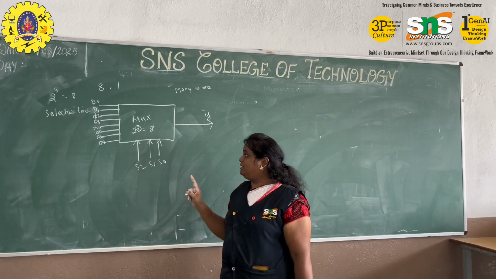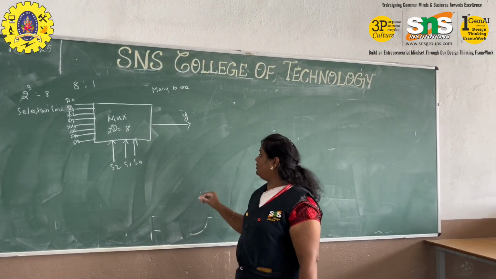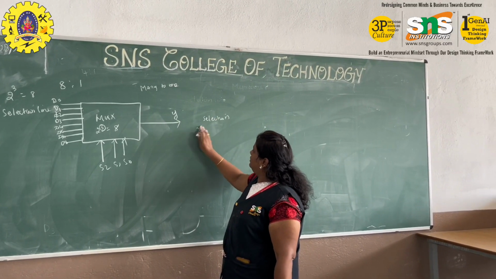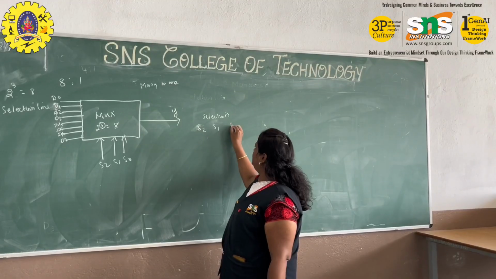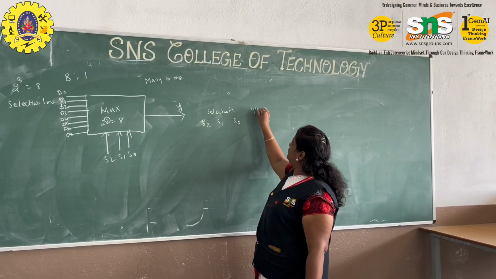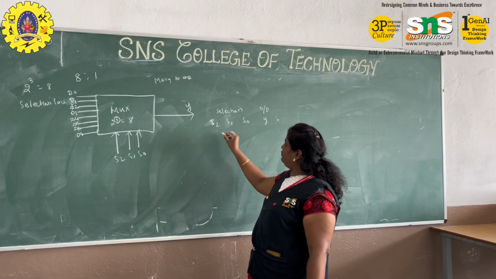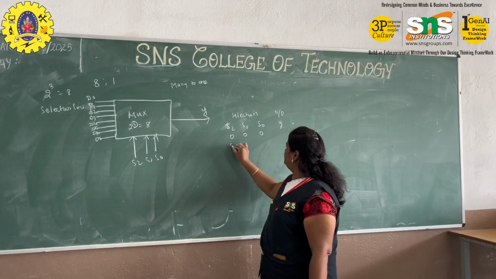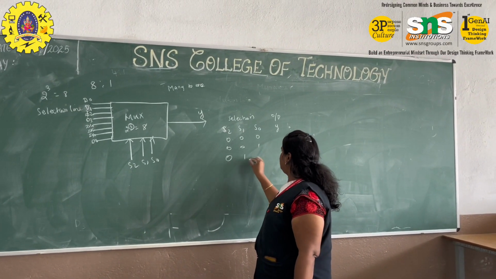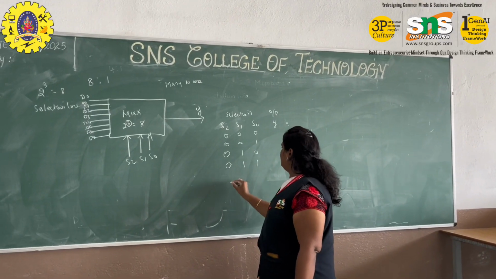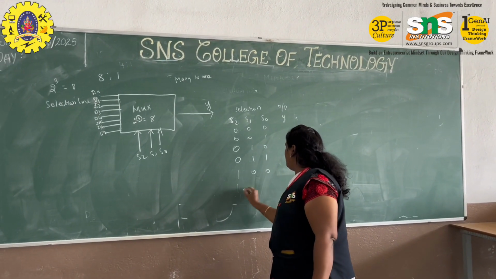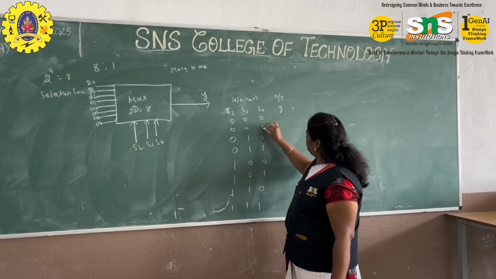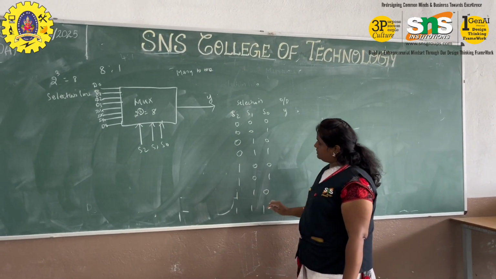I will explain the truth table column alone. The selection lines will be S2, S1, S0, and the output. We have to write 8 rows because we are using 8 inputs: 000, 001, 010, 011, 100, 101, 110, 111.